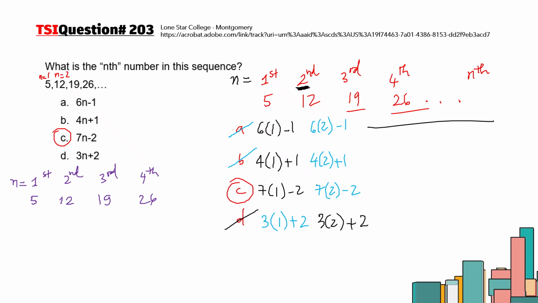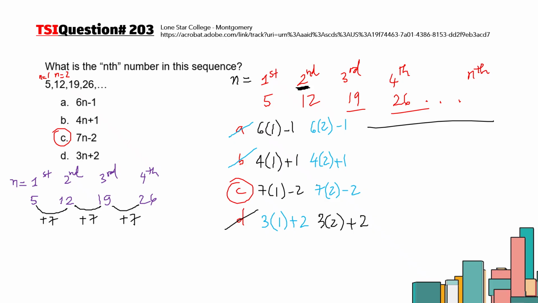Between 5 and 12, you add 7. You cannot do multiplication to get 12, so you know that is 7. Then you add 7 more, and then you add 7 more. But for the first one, you have 5.